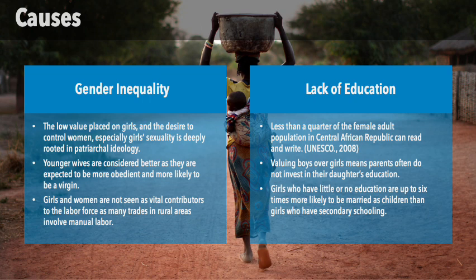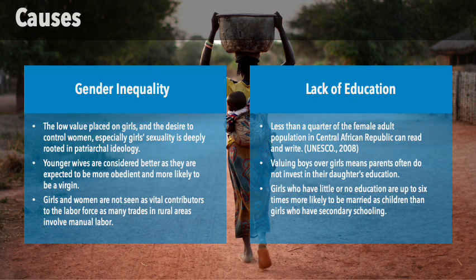And girls and women are not seen as vital contributors to the labor force, as many of the trades in rural areas involve manual labor. So they use these kinds of tactics and others to beat down girls and women and keep them in their place.